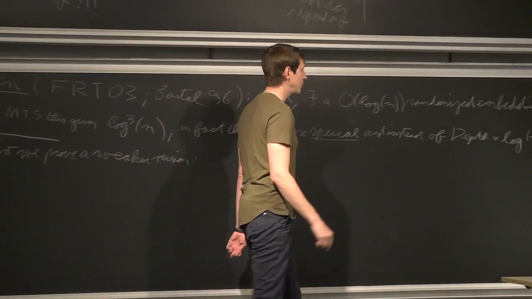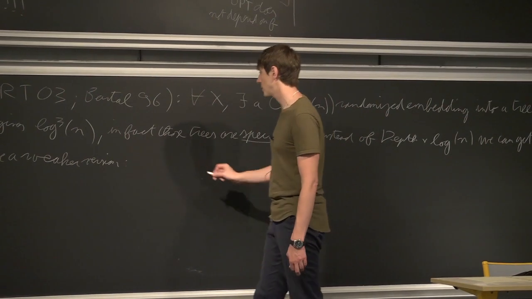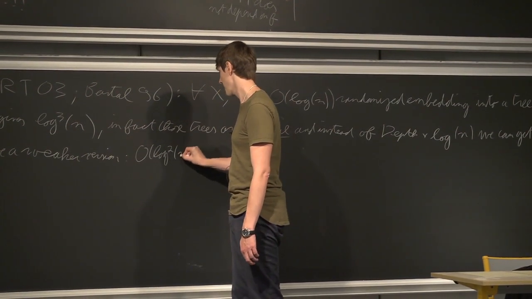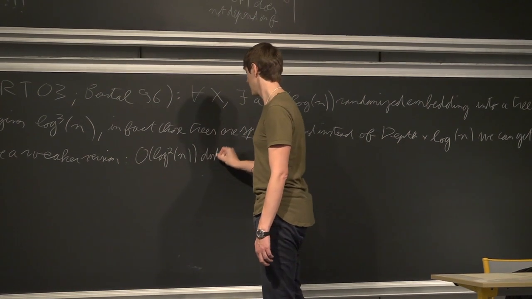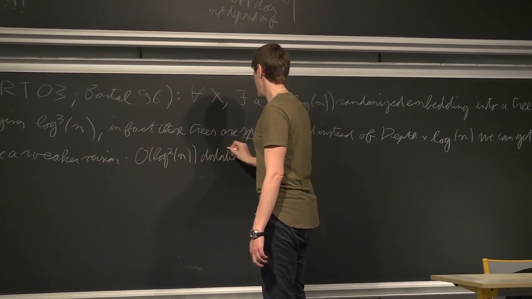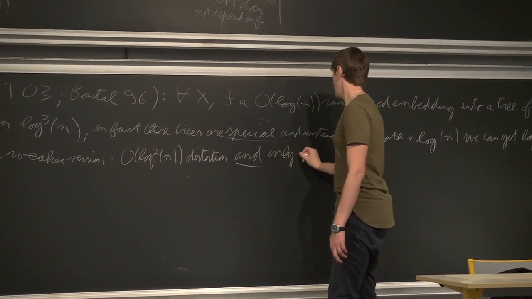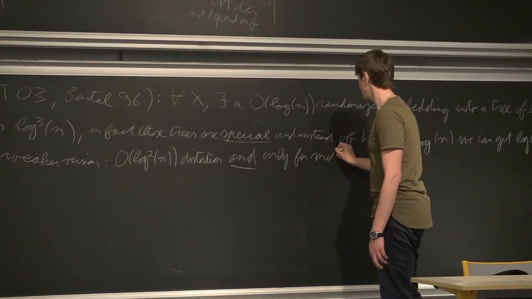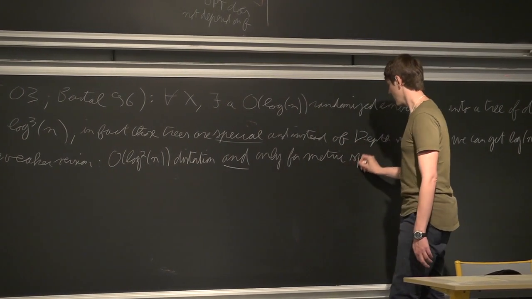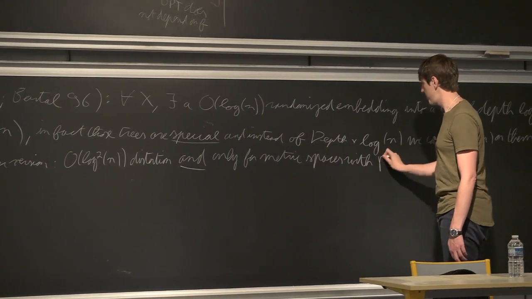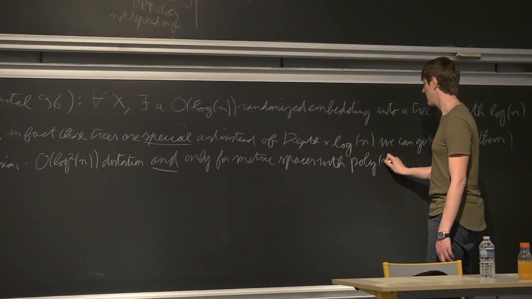So how is it going to be weaker? It's going to be weaker because I'm going to prove O of log squared n distortion, and only for metric spaces with poly n aspect ratio.